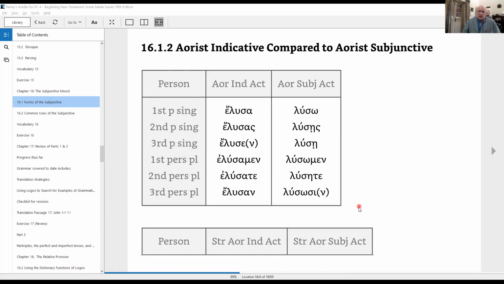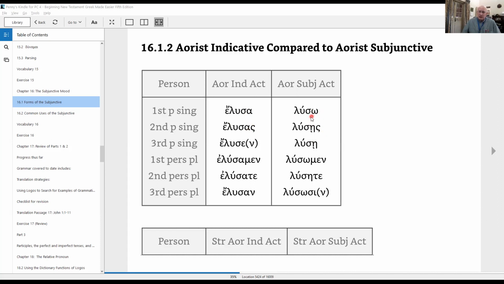With the aorist indicative and the aorist subjunctive, again, there is not a great difficulty because the aorist subjunctive endings are the same as the present subjunctive endings, at least in the active voice. So instead of elusa becoming something else, well, alpha would have to lengthen to omega.